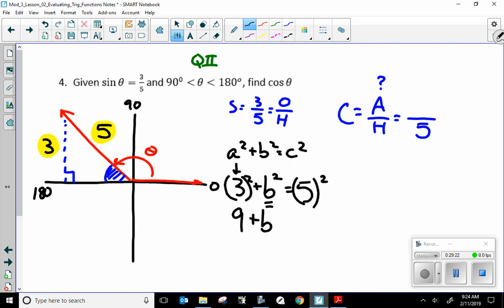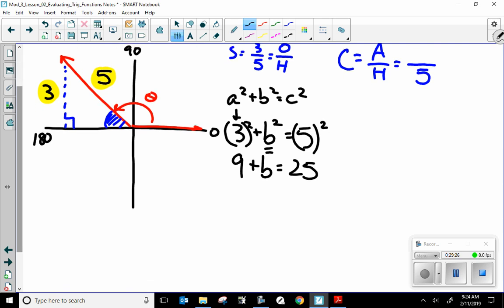One side is 3 squared, plus I'm trying to figure out the other side, equals 5 squared, my hypotenuse. So 9 plus something is 25. If I subtract 9 from both sides, that's b squared, I should get 16. So b squared should be 16. And if I take the square root of that, my b value should be 4. This should be my adjacent value right here. And if that's adjacent, that goes right here.